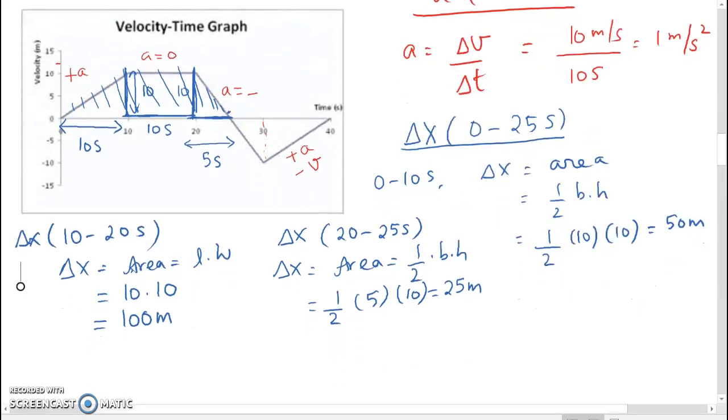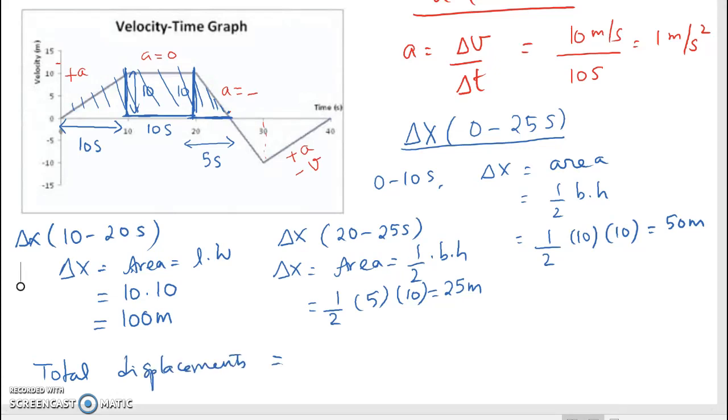And if I want the total displacement in that entire time interval, I just have to add up all the displacements because the displacements are all positive, in the same direction. So the total displacement is equal to 50 meters plus 100 meters plus 25 meters, which will be 175 meters.